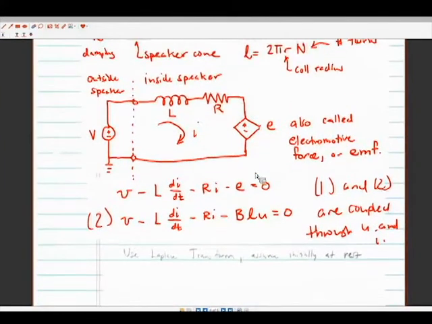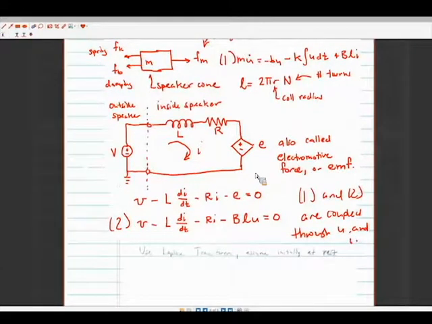the Laplace transform of equation 1. All right, so we have m u dot, so this is going to be m s U(s), equals negative b U(s), minus k.